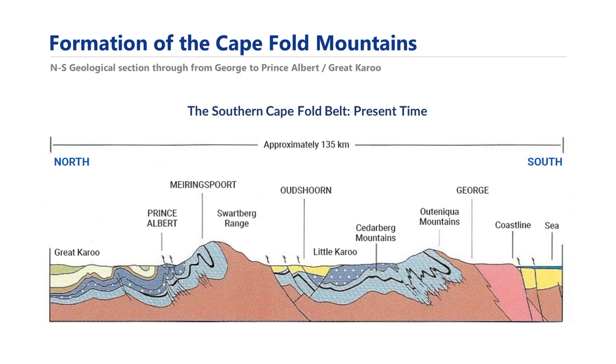We've got the Little Karoo in here, Oudtshoorn, and then the Swartberg Range, and then going off into the Karoo on that side. And this folding pattern, you can see even into the Karoo, going up towards Beaufort West. You start to see these open folds. So this compression was carrying on into the early deposition of the Karoo.